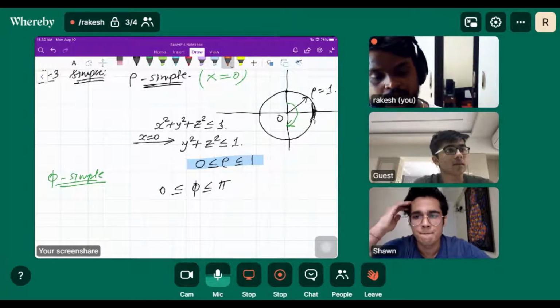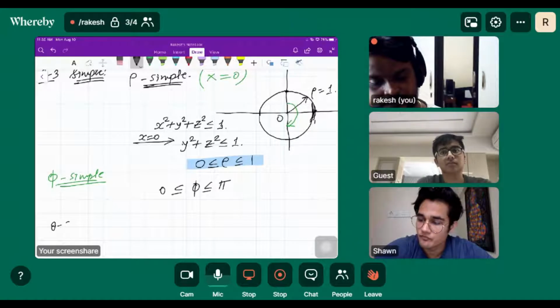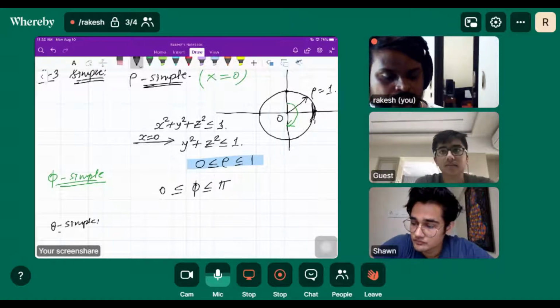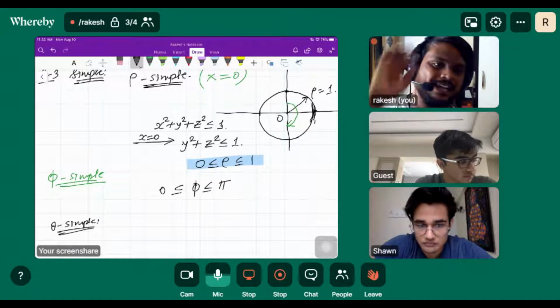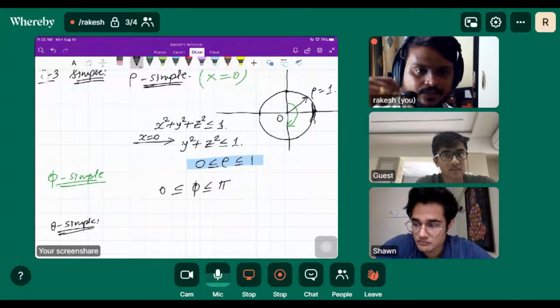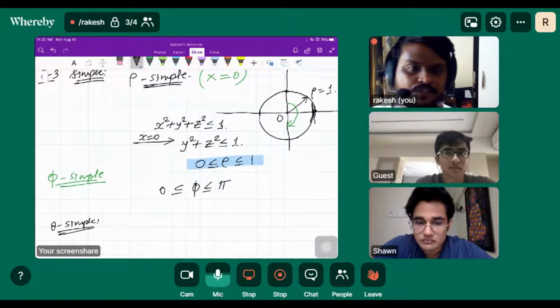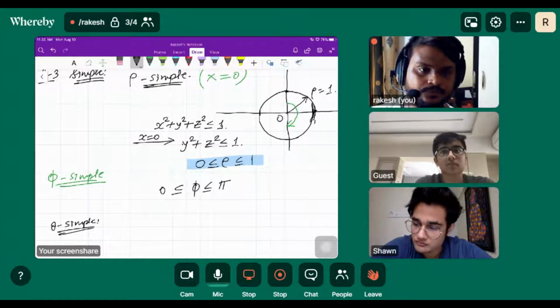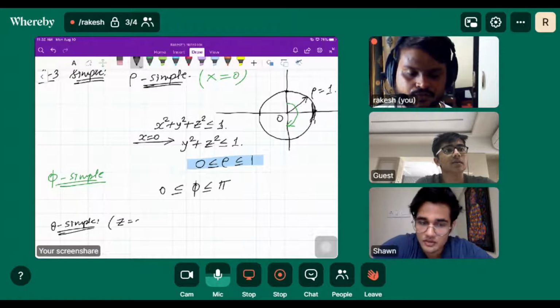To figure out the lower and upper limit of theta, we'll draw the trace of the surface on the xy plane. To draw the trace of the surface on the xy plane, which variable has to be kept zero? Z, right? So z is equal to zero.